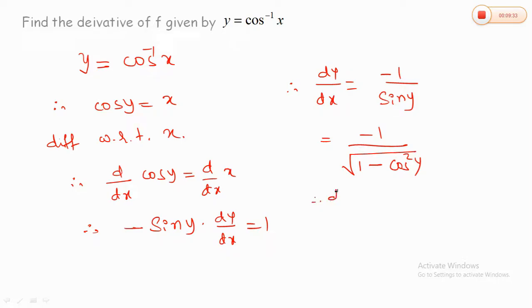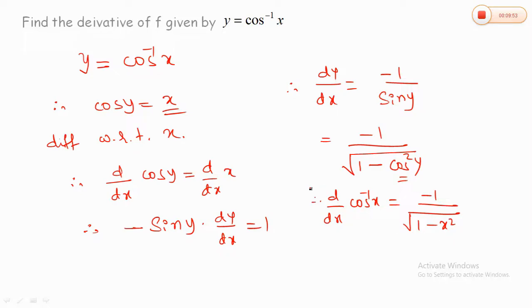Therefore d by dx of cos inverse x is equal to minus 1 upon root of 1 minus x square. So here substitute the value for cos y, that is x, so therefore this becomes x square.